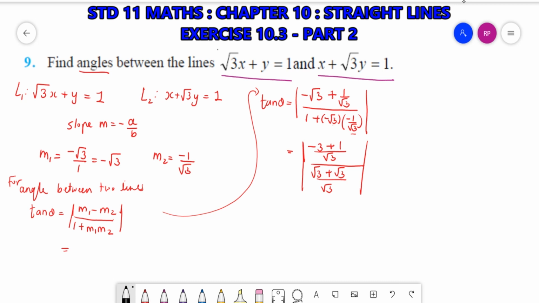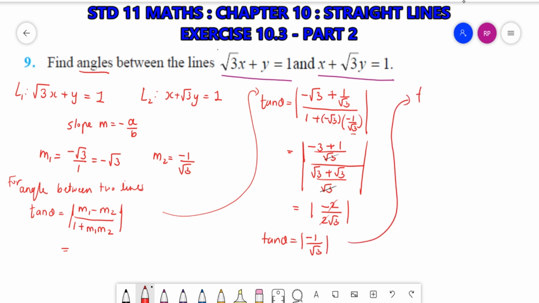So in the denominator, in both the cases root 3 will be cancelled. So this will be equal to minus 3 upon 2 root 3. Sorry, not minus 3, it's minus 3 plus 1. So it's minus 2 upon 2 root 3. So this gets cancelled. So tan theta is equal to modulus of minus 1 upon root 3.